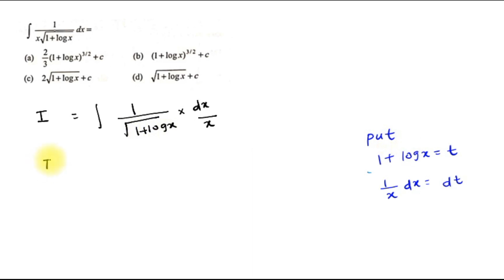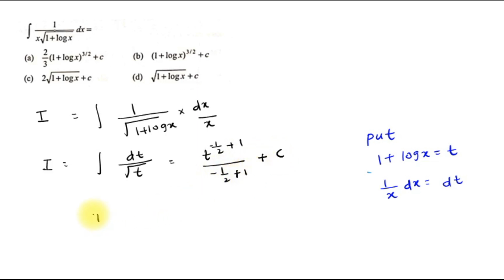So this integration can be written as integration dt over under root t. So after integrating this we get t to the power minus half plus 1 divided by minus half plus 1 plus integration constant c.